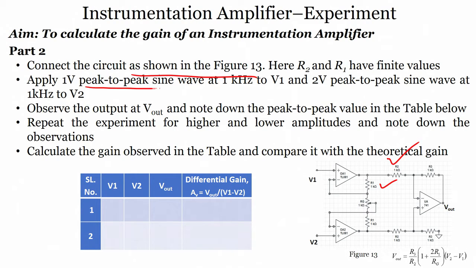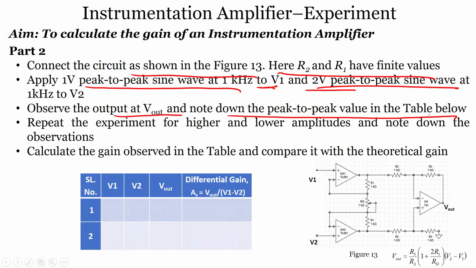Apply 1 volt peak to peak sine wave at 1 kilohertz. We also have here R2 and R3, which also have the same value, so do not really bother about finite values or not. Apply 1 volt peak to peak sine wave at 1 kilohertz to V1, 2 volts to V2, observe V out and note down the peak to peak values in the table below.